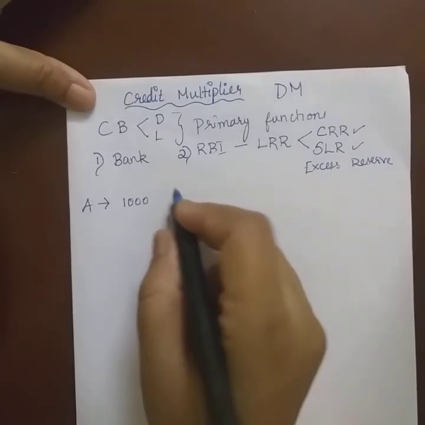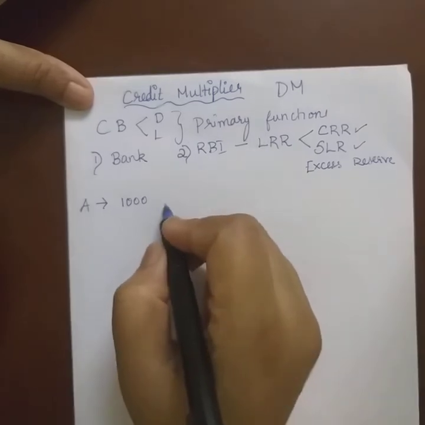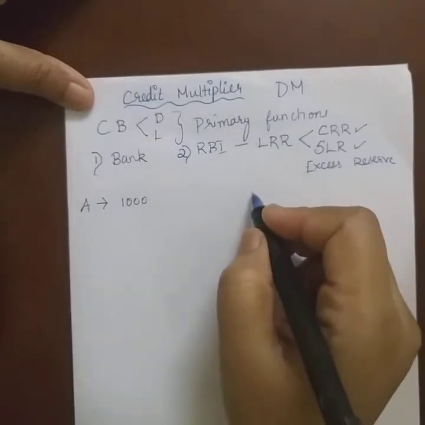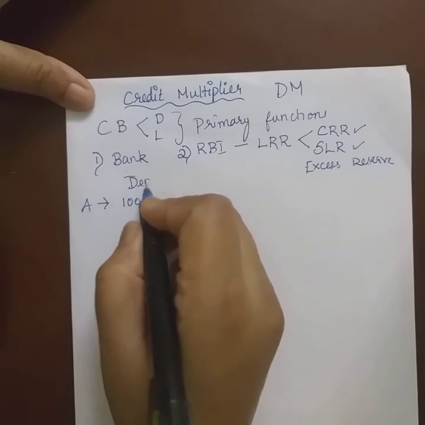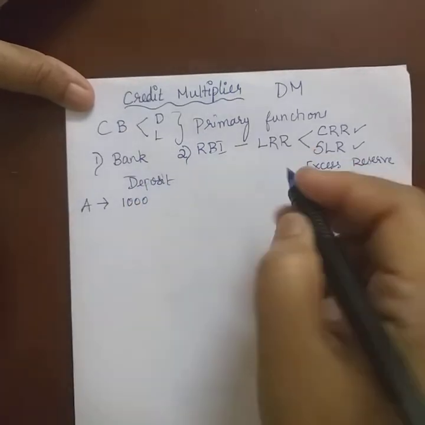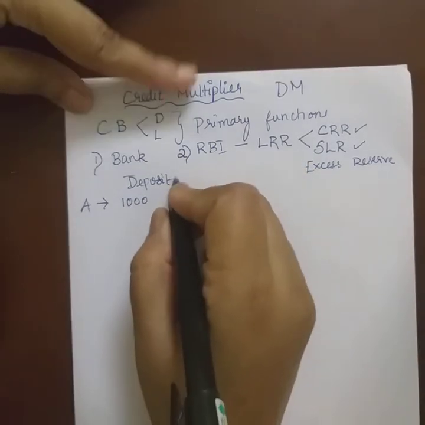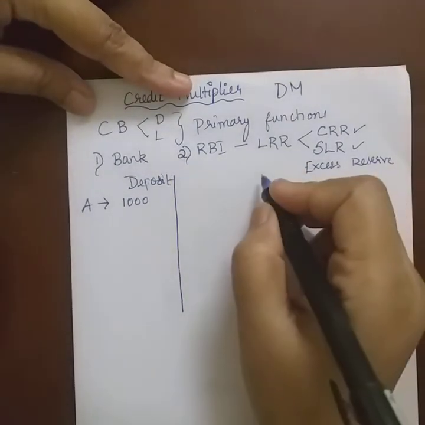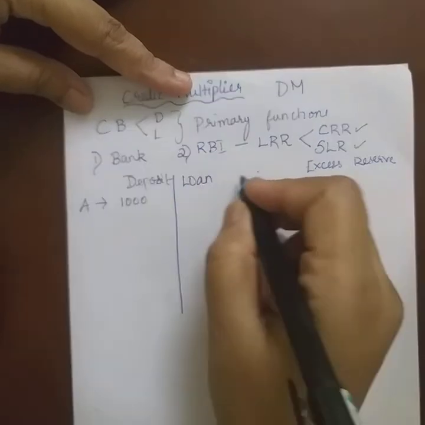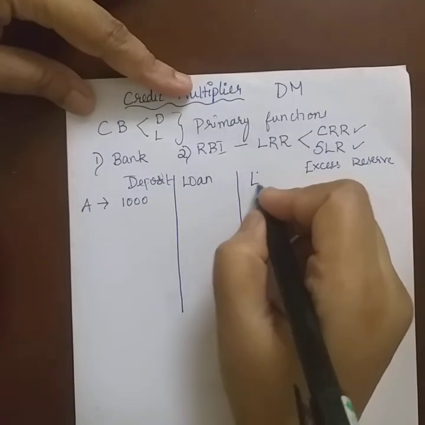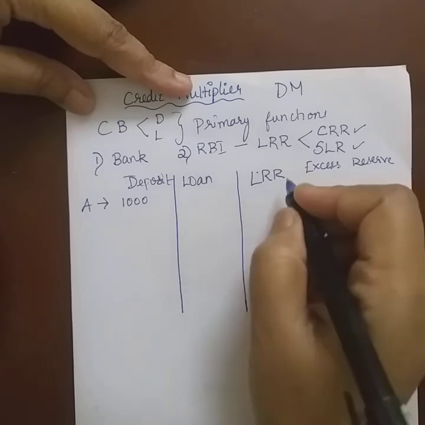Now the commercial banks can lend out of this. Of course, let me write this down as deposit, fine. And the loan amount would depend on the LRR percentage that is fixed by the RBI.